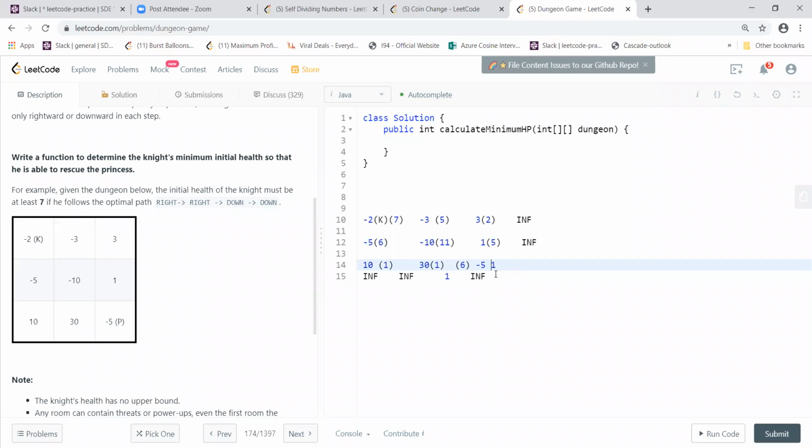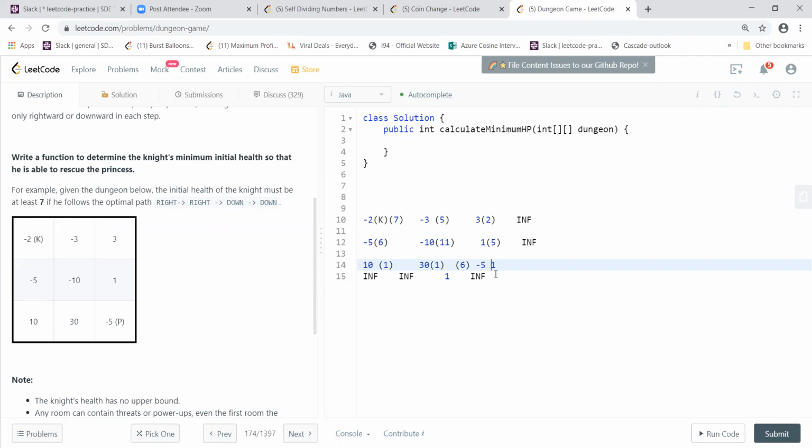Yeah. So actually I told you, you need at least 1 health point for it to survive. The knight can survive only with the minimum health point of 1. If it goes below 1, he is dead. I just take the minimum value because I have to find the minimum path, the optimal minimum path.